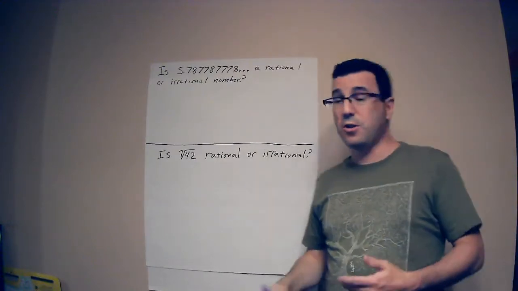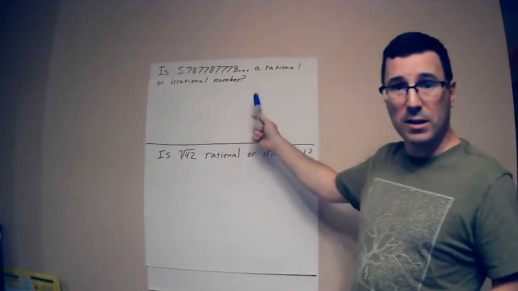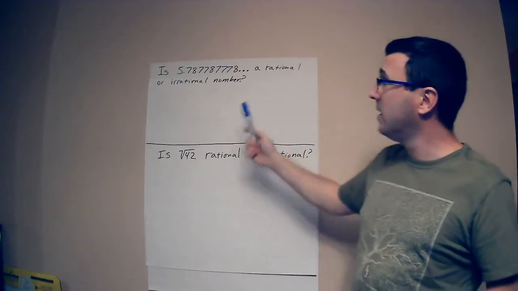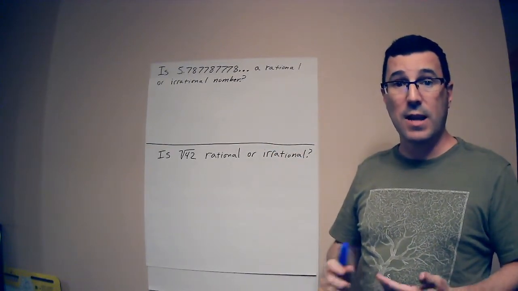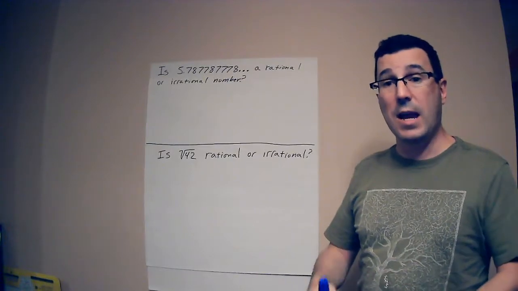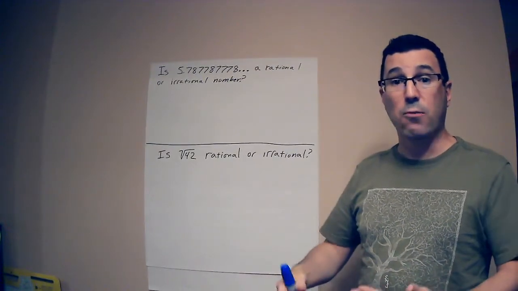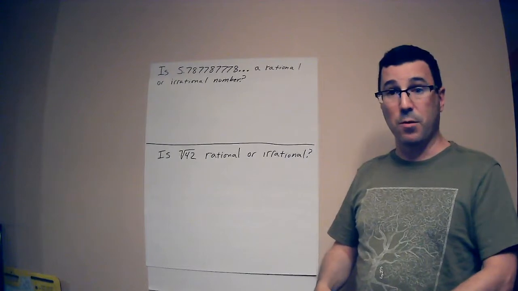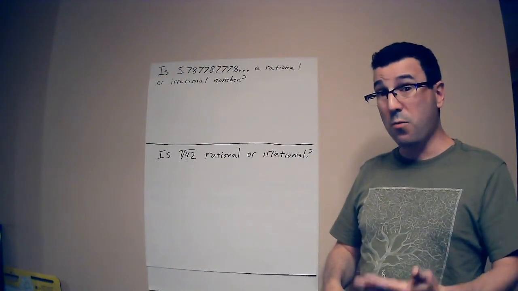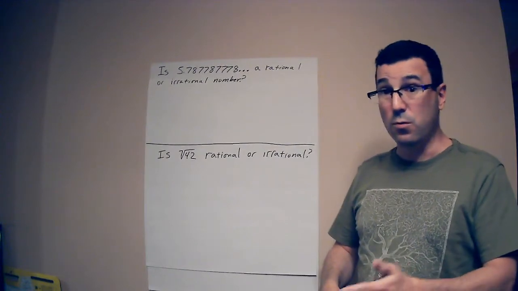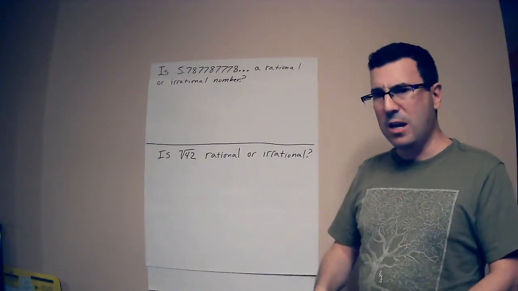The first question I have here, and it might be a little bit difficult to read, is 5.78778778... a rational or irrational number? Well, if you remember our last example, the 1.121121, the pattern kept changing.